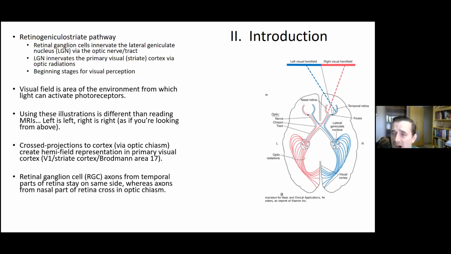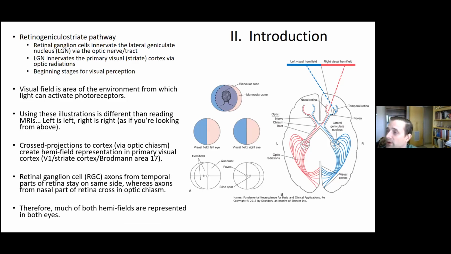So those fibers are going to stay on the same side. They will not cross. But the nasal part of your retina, that part that's more medial, closer to the nose, those fibers will cross in the optic chiasm. Okay, and you can see that with the different color representations as well.